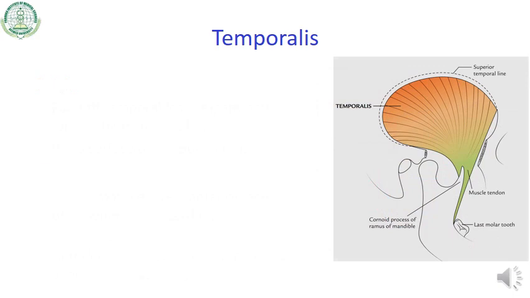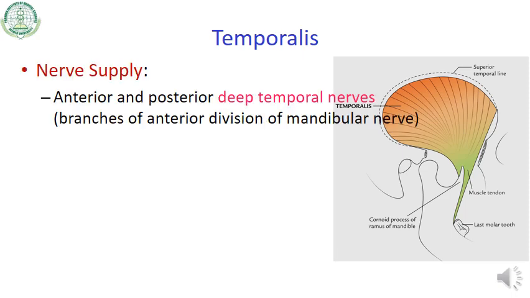So that is the insertion of temporalis muscle. So you can see in this diagram, this is coronoid process, and you can see it is inserted on the medial surface, the apex. So this is the apex, then this is anterior border, and the insertion is going up to the last molar tooth. Nerve supply.